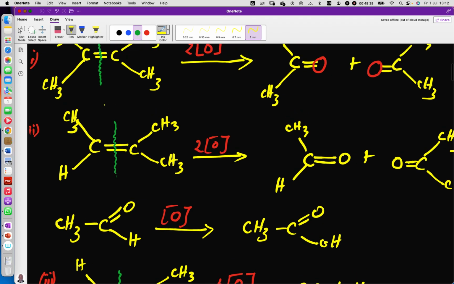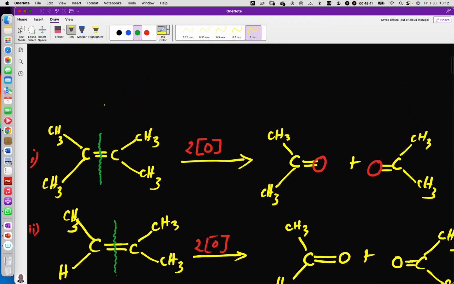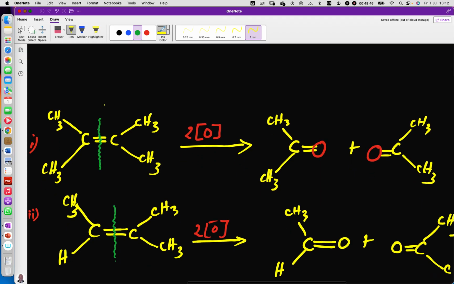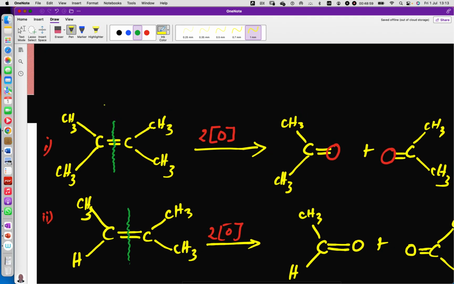So the condition here is oxidation of alkene using hot concentrated acidified manganate 7 ion solution. Unlike the other one, cold dilute acidified manganate 7 ion solution, that one gives diol. The condition is not harsh, it gives only diol. But the condition here is harsh. It leads to the breaking of the double bond.